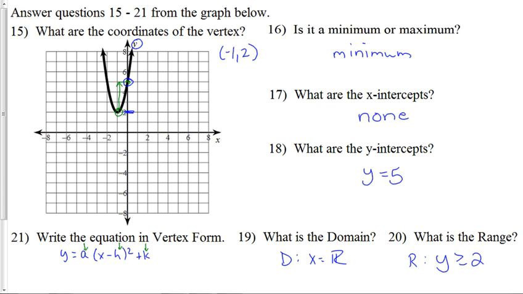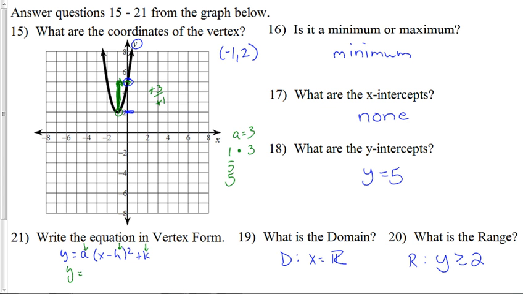And notice it goes up 3 and then right 1. So in the pattern, the 1, 3, 5 pattern, we would have to multiply that first number by 3 in order to get 3. That's why a has to be 3. So it ends up being that a is just the value of that first slope.